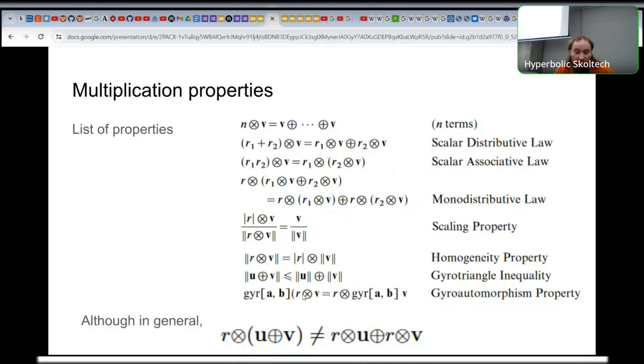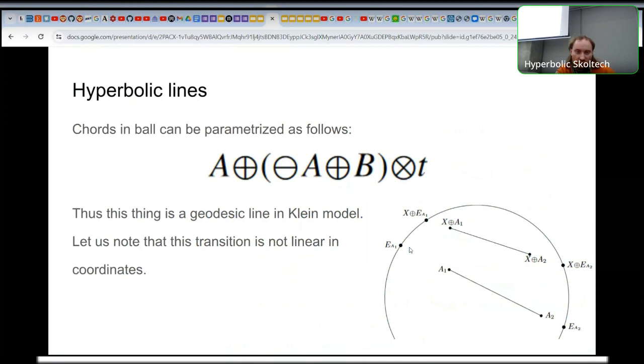Your scalar you can take from outside your gyrator, but in general you have no distributivity property of this multiplication. We can check it from the definition if you want. Okay, here is a list of properties.